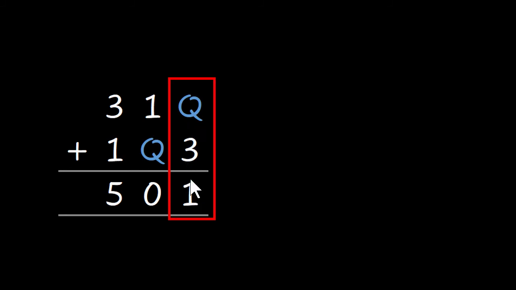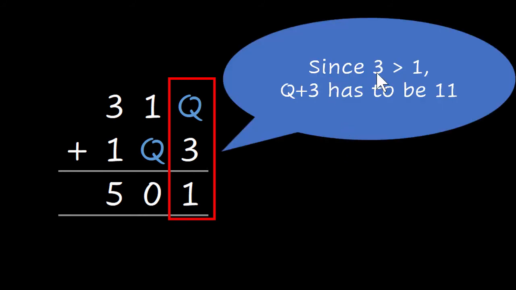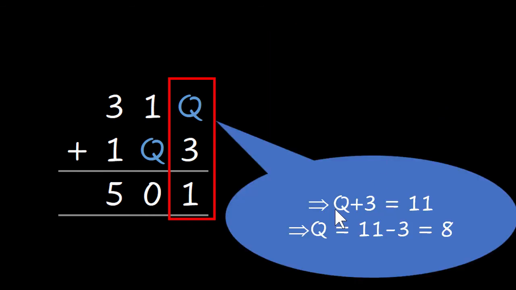So when we add Q and 3, it has to be 11, because when you add something to a number, it can never go back. So since 3 is greater than 1, Q plus 3 has to be 11, right? It can't be 1. It has to be 11, which means Q plus 3 is 11, which means Q is 8.